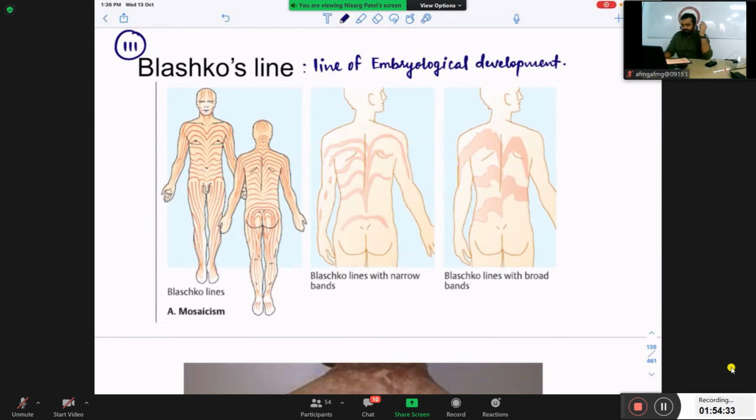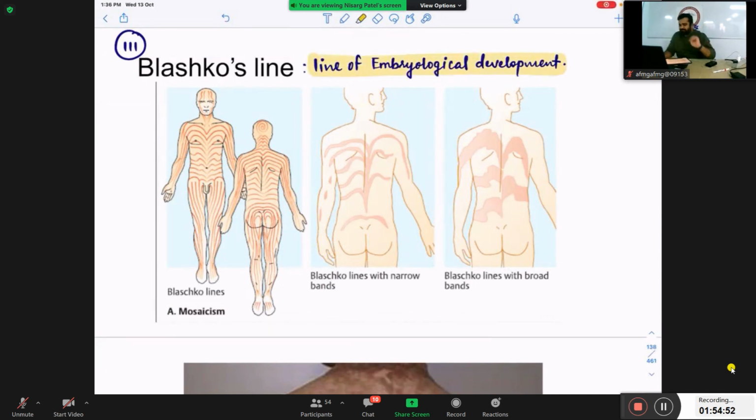These are the lines of embryological development. So it is an embryonic derivative. It is not commonly seen on our body. It is just a representation of the embryological development of our skin.